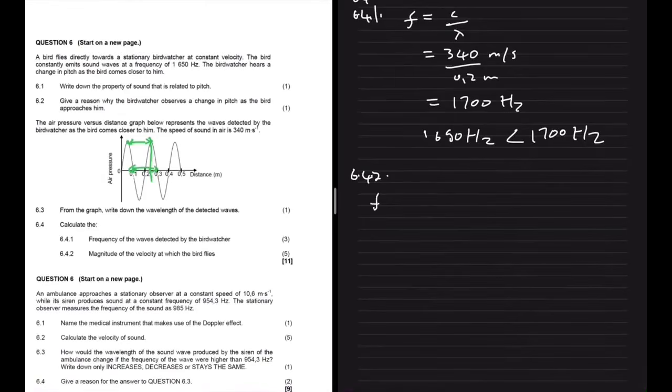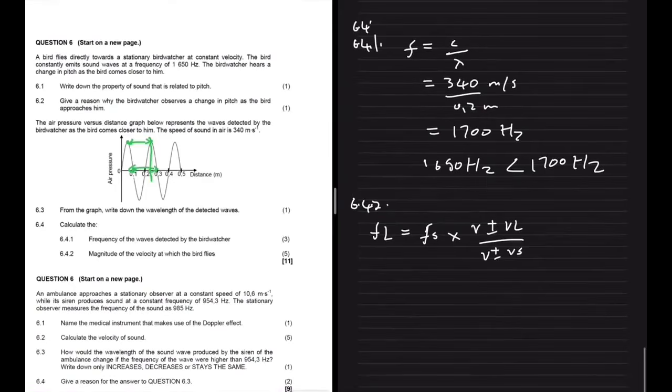The frequency the listener observes equals the frequency of the source multiplied by the velocity plus or minus VL divided by V plus or minus VS. The frequency observed by the listener is 1700, which we calculated in 6.4.1.